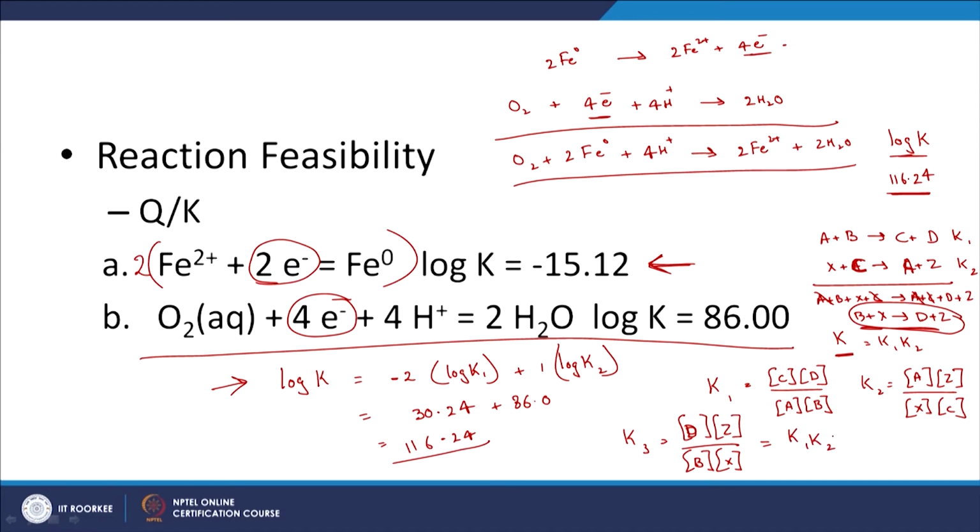I am just trying to show how it comes out here. So, why do I multiply that by -2 here?